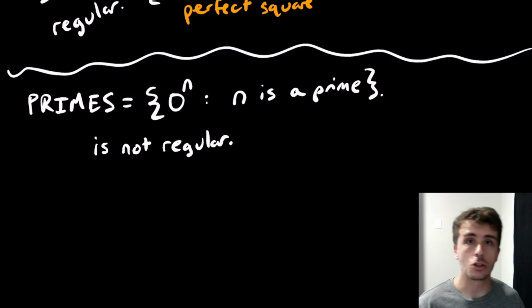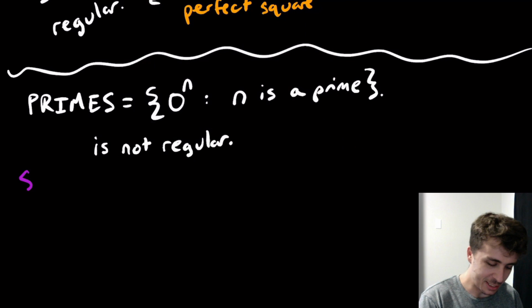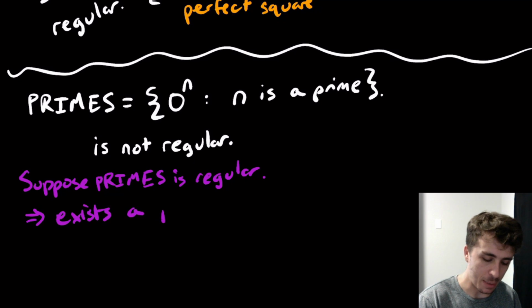So how would I actually show this? Well, again, what we need to do is suppose that this language primes is in fact regular, and there exists for that reason a pumping constant p for this language primes.